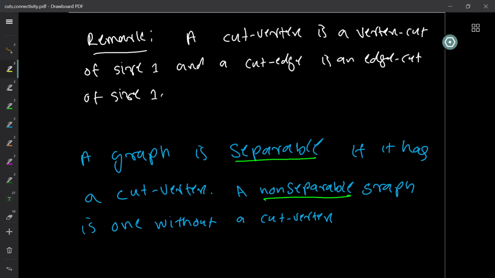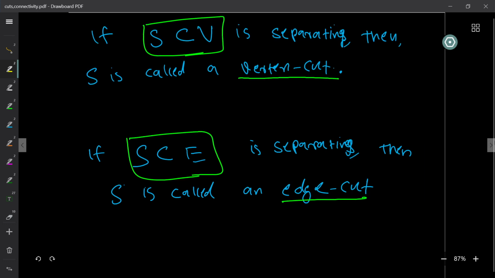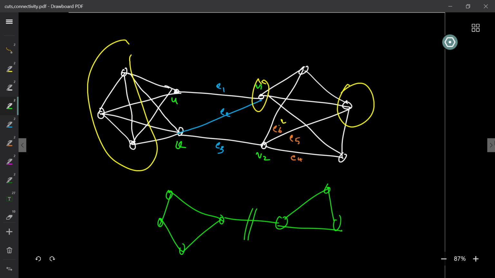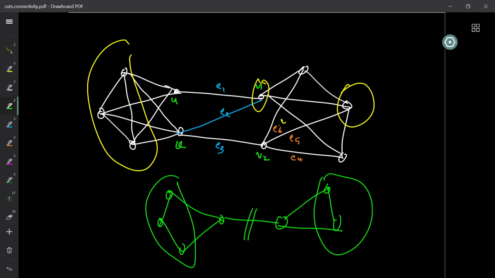So if you have such graphs, for example, in this one, the graph gets separated, so therefore this edge is an edge cut by itself, so it's a cut edge, and you will remember this.